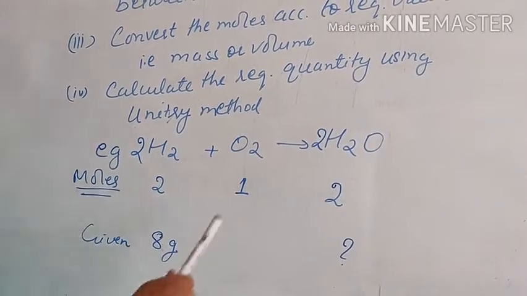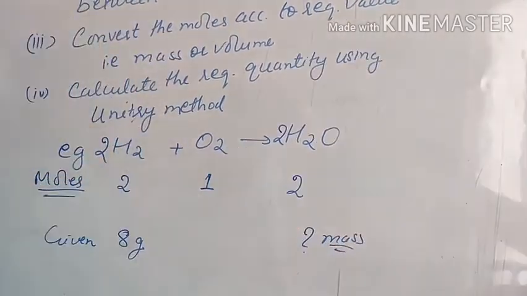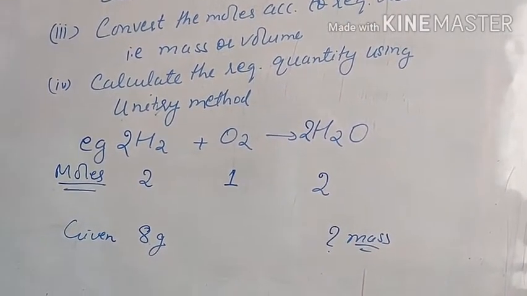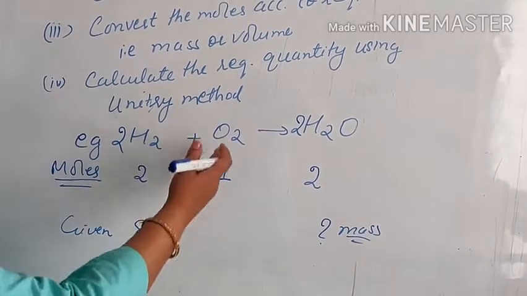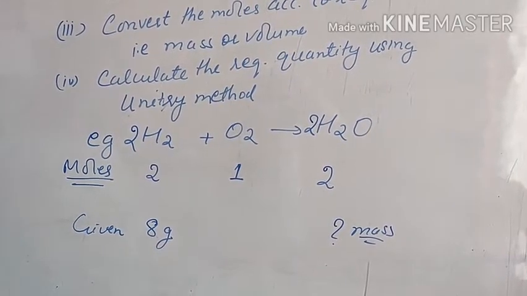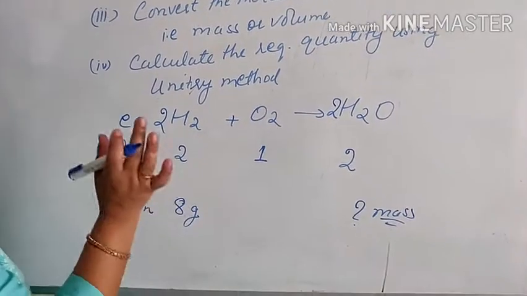In this case, we need to calculate the mass of water produced when 8 gram of hydrogen is allowed to react with oxygen. The amount of oxygen is not given, it means oxygen is available in excess. So we have to calculate on the basis of hydrogen, that is 8 gram.